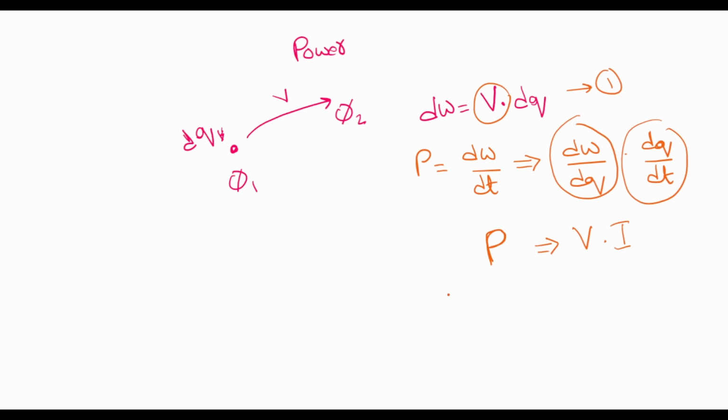And what if I want to find the total energy in the circuit? So from here, since power is the rate of change of work, I can find the energy as the integral of power from minus infinity to t dt.